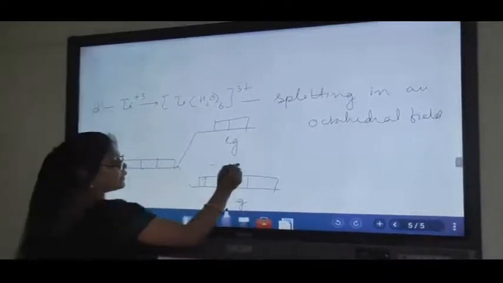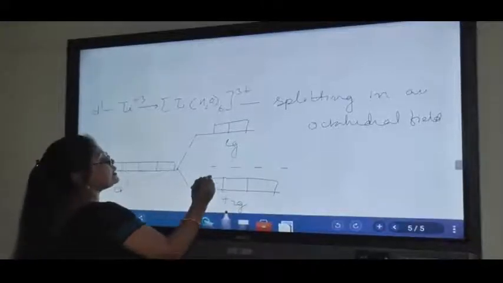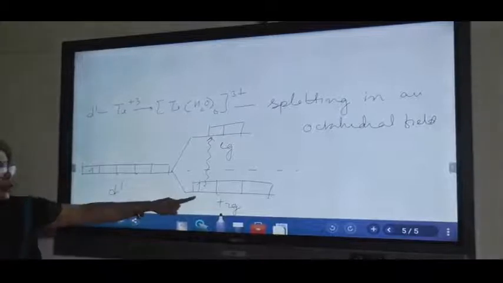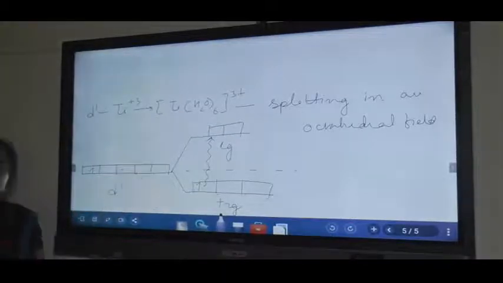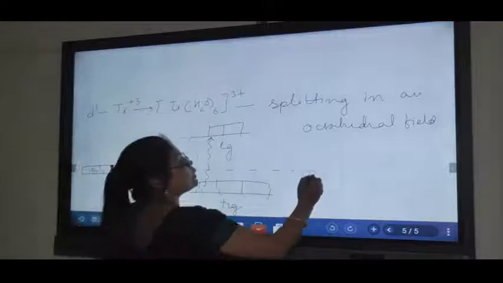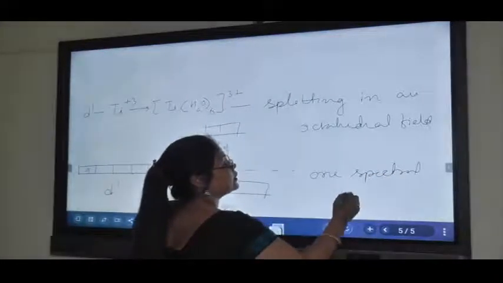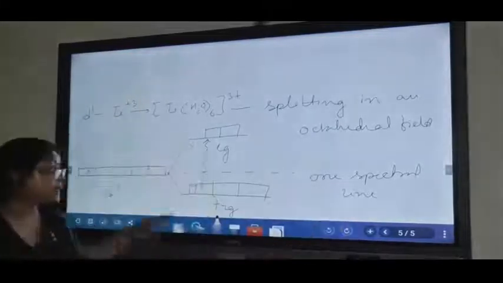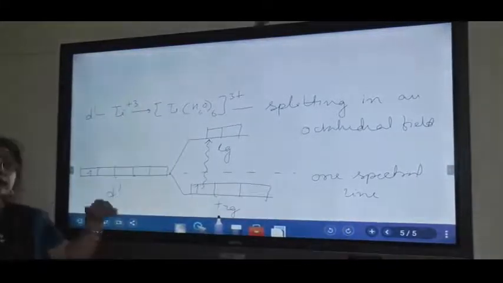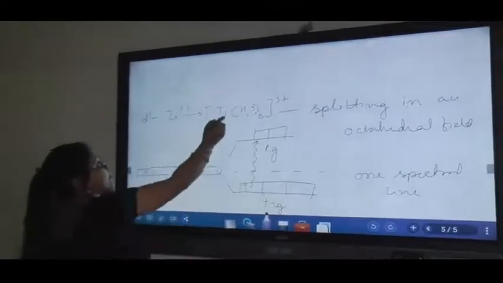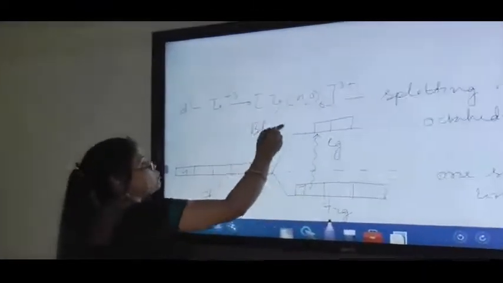Now, crystal field theory suggests that there can be a transition from lower t2g to eg. This shows that we should get one spectral line. This transition takes place in the visible range, and that is why we see this particular complex colored.